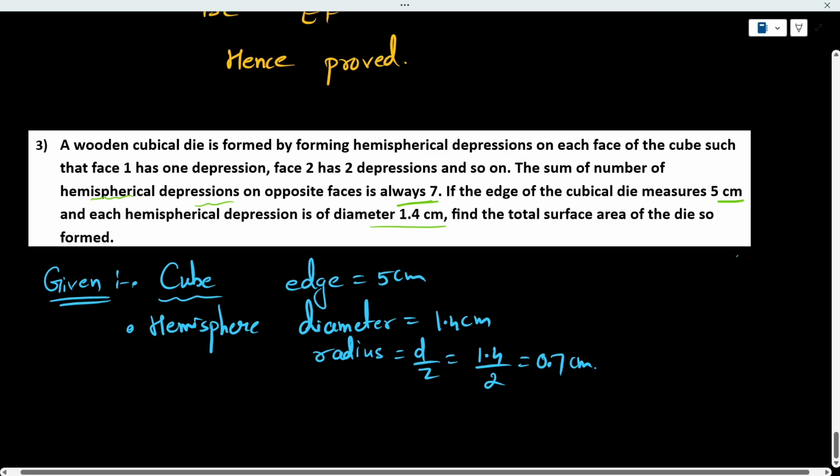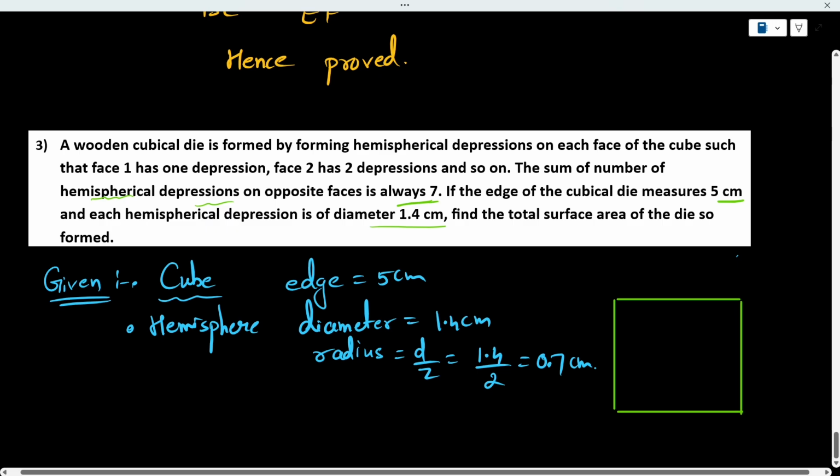Now let us see what they are asking, because if you draw you will understand. So wooden cube. First let us draw a cube here. In a cube, all length and breadth are equal, that's why they have given the side here as 5 centimeter. Its edges are 5 centimeter, right?